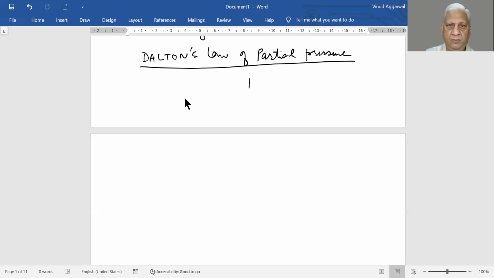Let us say you have a vessel in which you have gas 1 and then you have gas 2, which is represented by these square blocks. This is gas 1. This is gas 2. Or maybe there may be more than 2 gases. This is the third one. Let's say this could be gas 3.